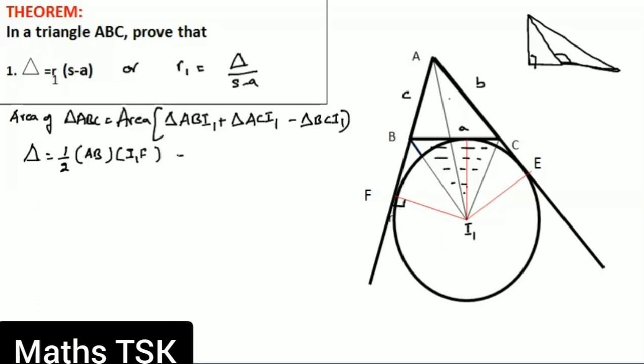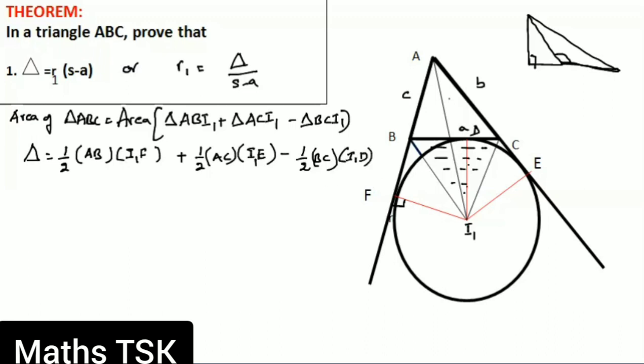Next, if you consider side AC as base, then I1E becomes the height. Minus, for this triangle, which is an acute angle triangle, if you consider the base as BC, then the height becomes I1D.